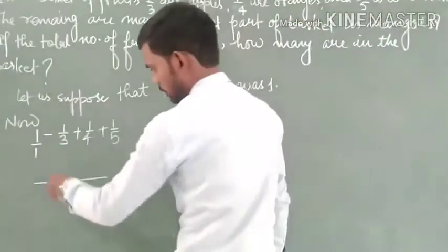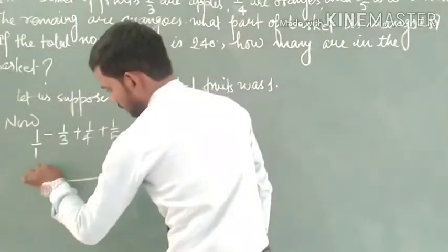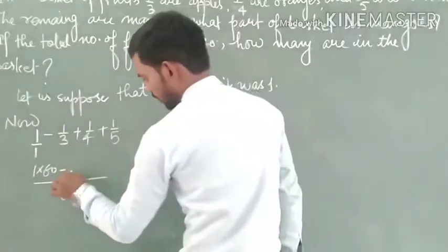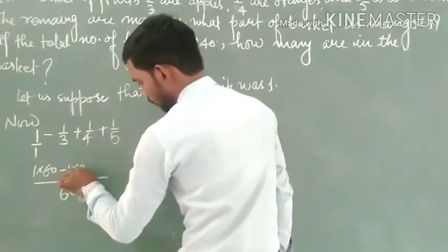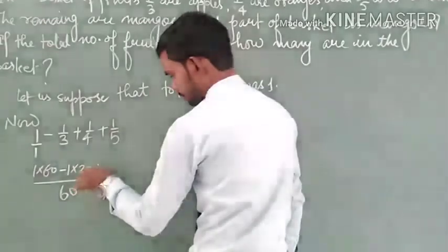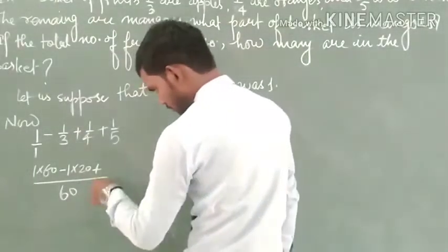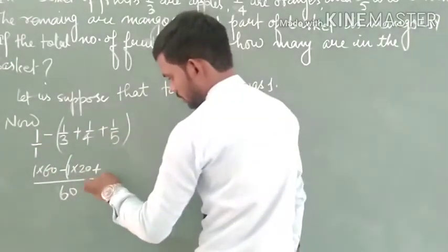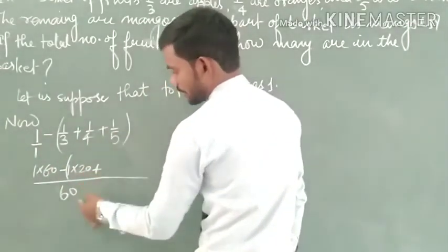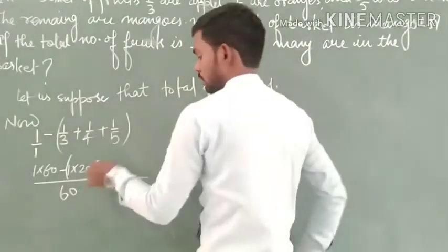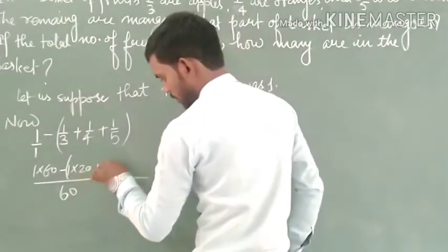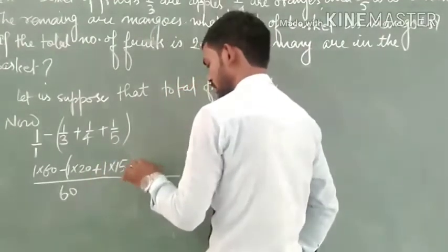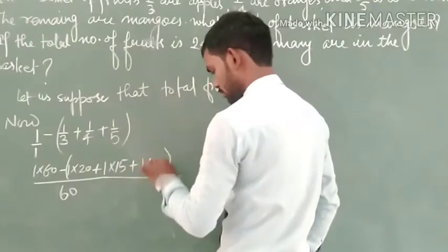So here we get 1 multiplied by 60, minus 2 3s are 6, so we shall multiply 1 by 20, plus 4 15s are 60, therefore we multiply 1 by 15, and plus 12 5s are 60, therefore multiply this by 12.